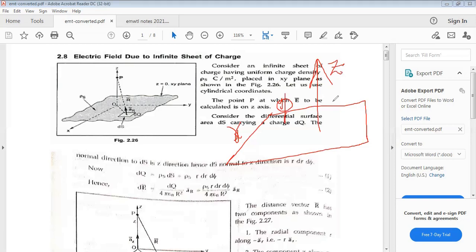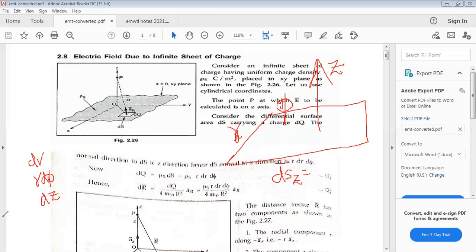Means the differential surface area normal to the z direction. The ds z bar is equal to... What are the differential elements here? For the r direction, dr, for the phi direction, r d phi, and for the z direction, dz, because we are considering a cylindrical coordinate system.